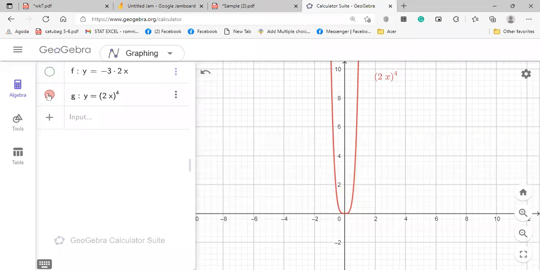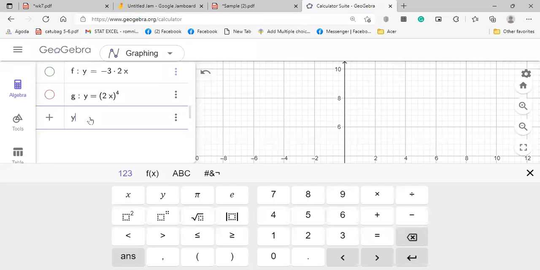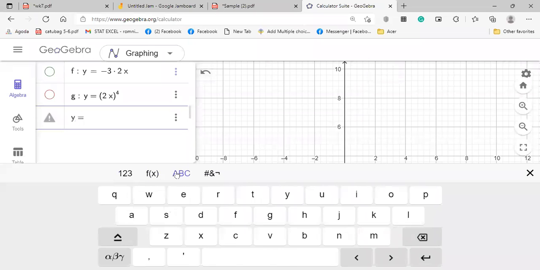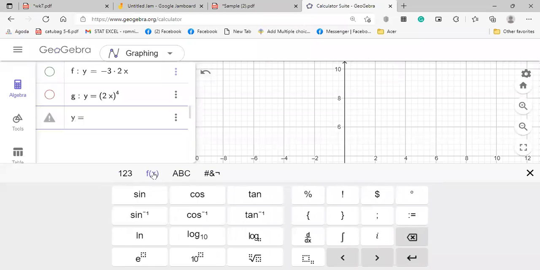Pwede tayo magbigay ng example dito pag mag-graph tayo. Y is equal to square root. Bigay tayo ng cube root of x.